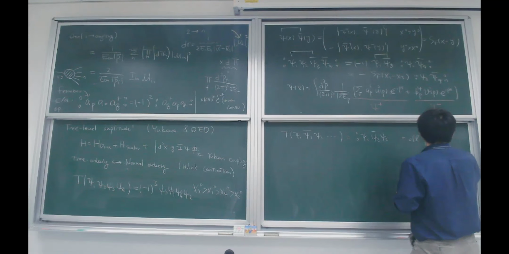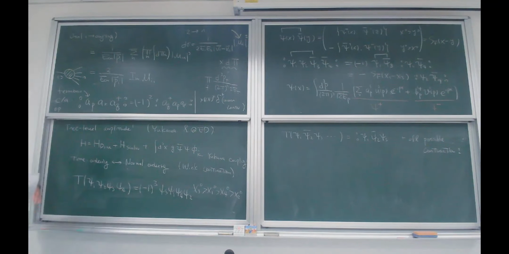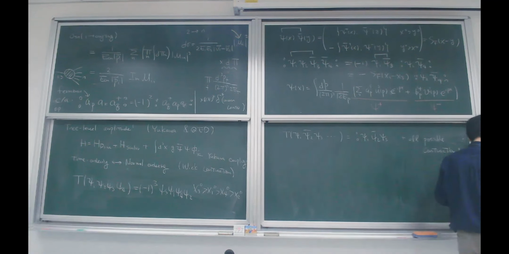These are all the general theory, and we are going to apply this general theory to the Yukawa theory from now. Okay. So that's a general theory, but we are going to apply it.